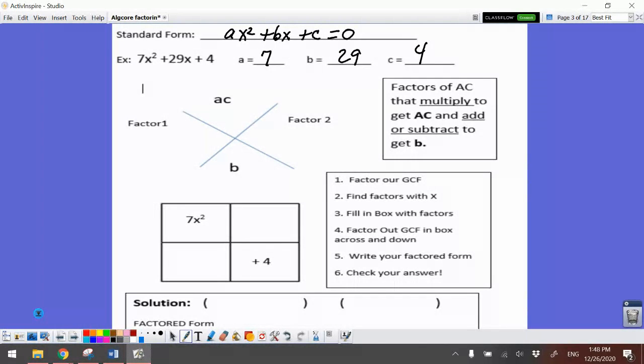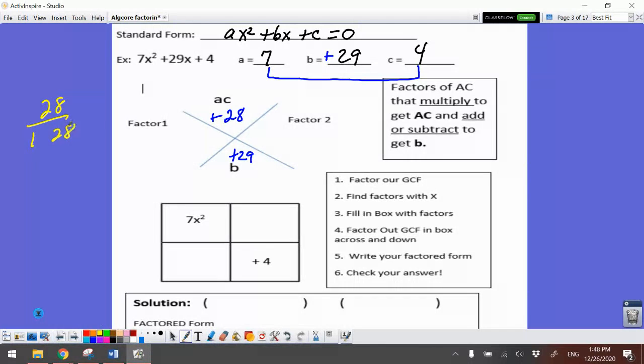Okay? Now, to fill in our crisscross, it's really easy. I am going to multiply a times c. So 7 times 4 gives me a positive 28. And my b value, the positive 29, is going to go at the bottom. So then I want to think about factors of 28.